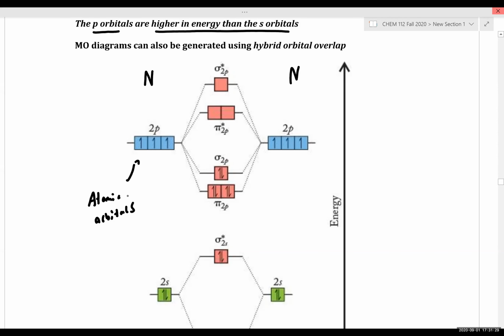We'll take our atomic orbitals and overlap them and generate a series of molecular orbitals. You can also generate a molecular orbital diagram using hybrid orbitals, but it gets more complicated when you start to move away from just two atom structures.